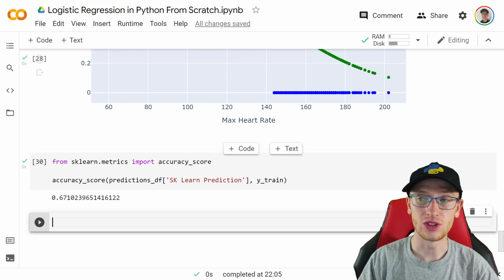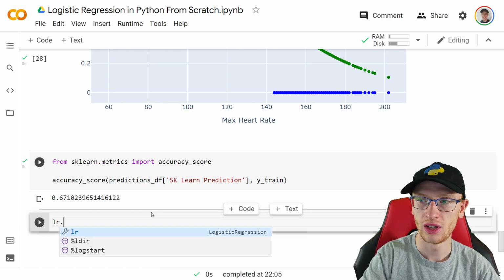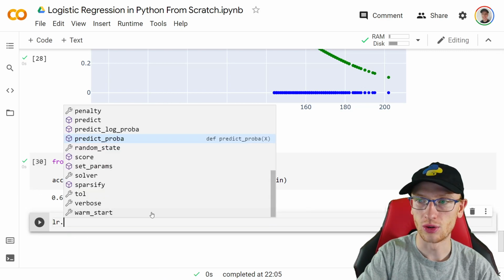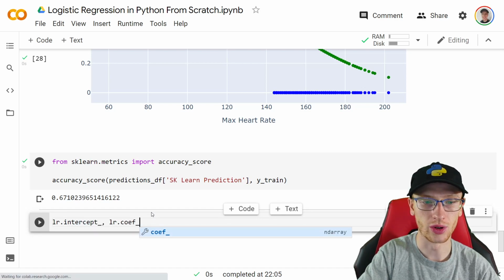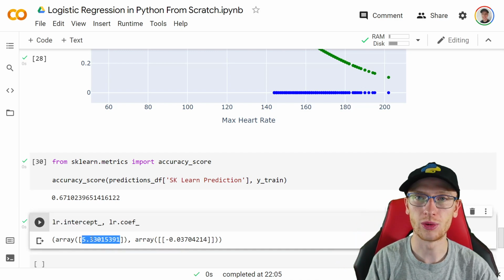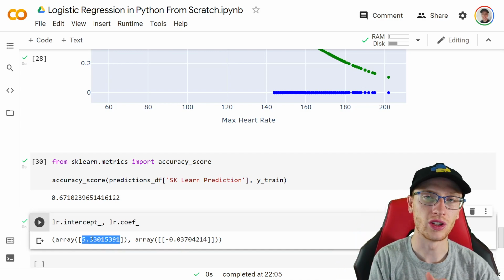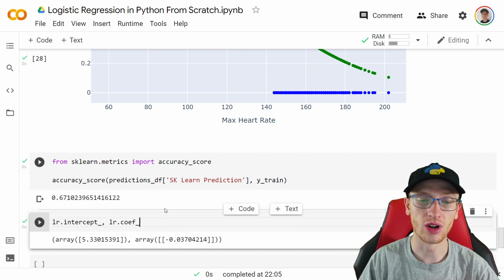Now let's dig into the model just a little bit, and we can output these things called the intercept and the coefficient. So lr.intercept_ and lr.coef_. These are our two parameters, and hopefully you did watch one of the two previous videos, but if you haven't, basically, these models are about learning parameters.